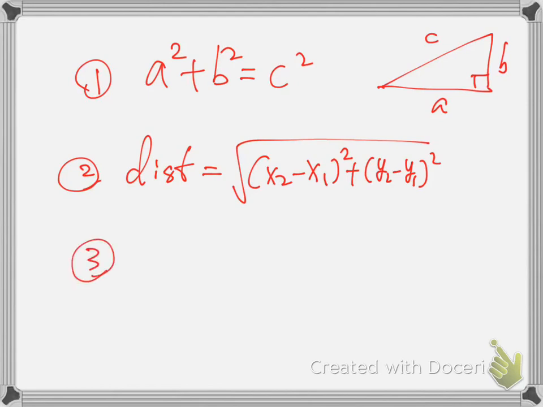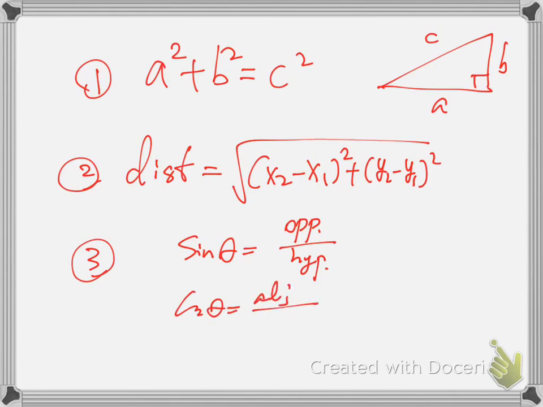Then we have the definition of trig. Sine theta is opposite over hypotenuse. Cosine theta is adjacent over hypotenuse. Tangent theta is opposite over adjacent.